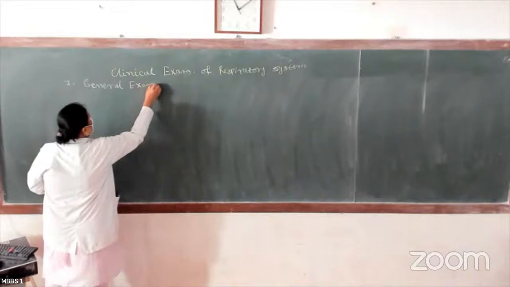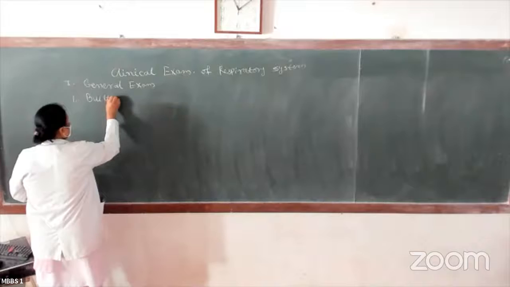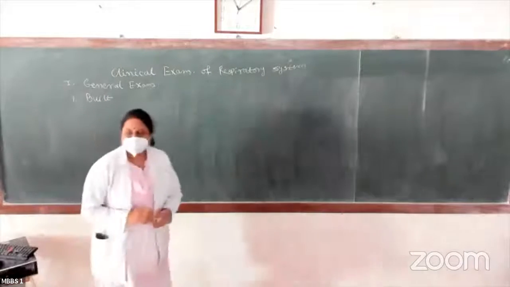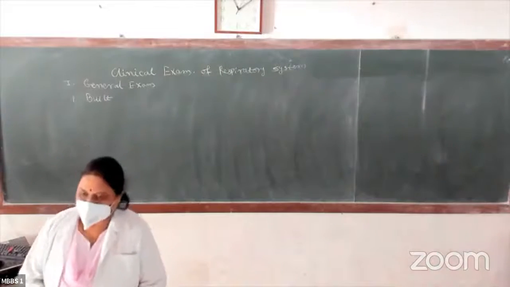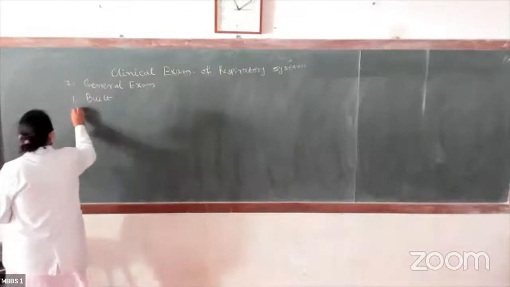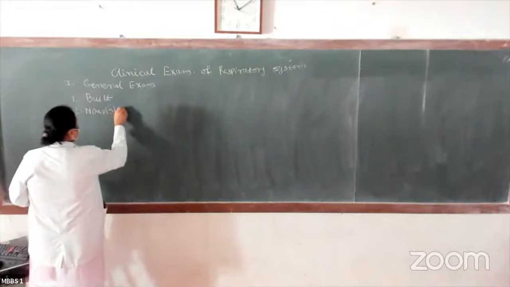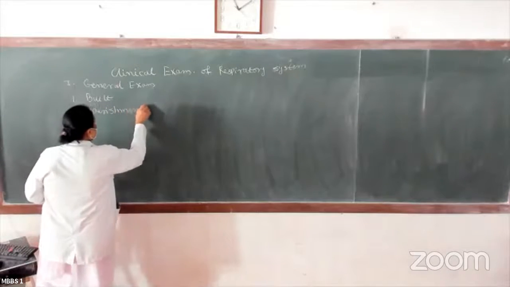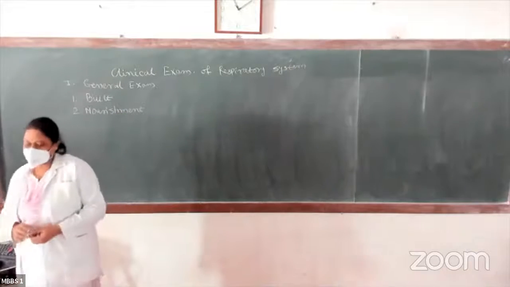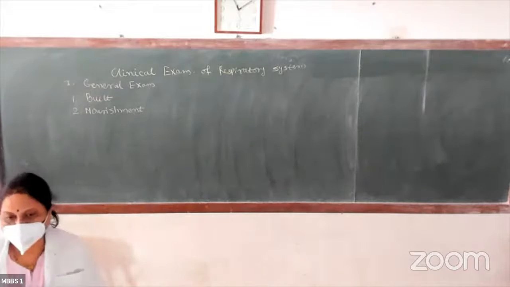In general examination, our first point is the build. The build of the patient is the average skeletal structure, the proportion of the height and the weight. Second is the nourishment. Here the nourishment, that is the muscular structure, is normal, obese or thin.